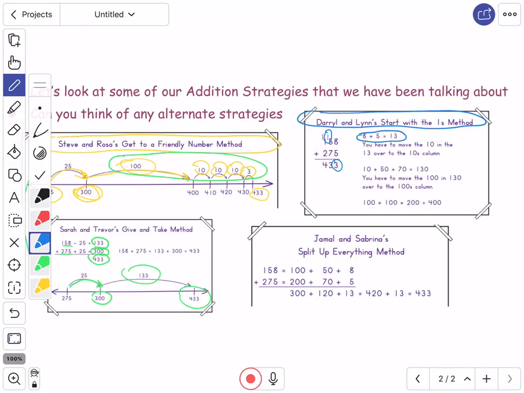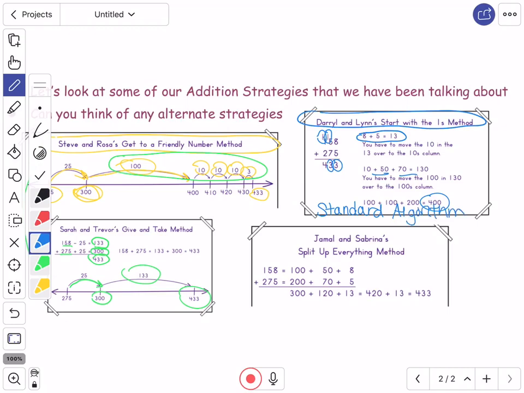And then you have 10 plus the 50 plus the 70, which gives you 130. That's where the 100 and the 3, and then the 0 comes from. And then you have 100 plus 100 plus 200, which gets you the 400. So that's where you get the 433. Very similar to the standard algorithm that we are all very used to, all right?